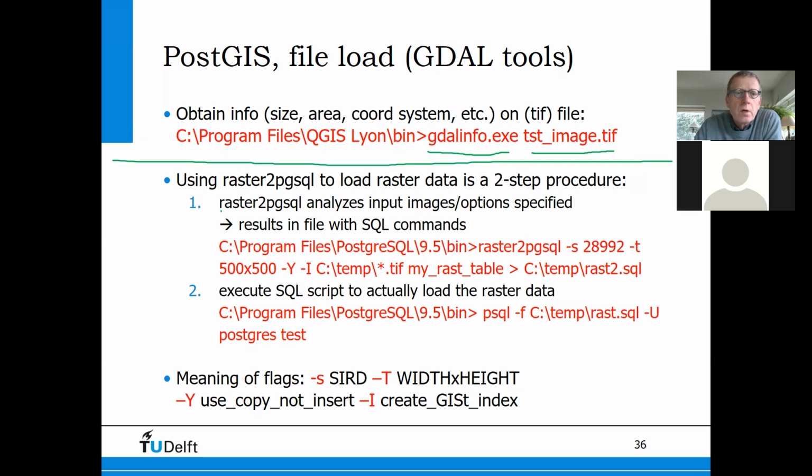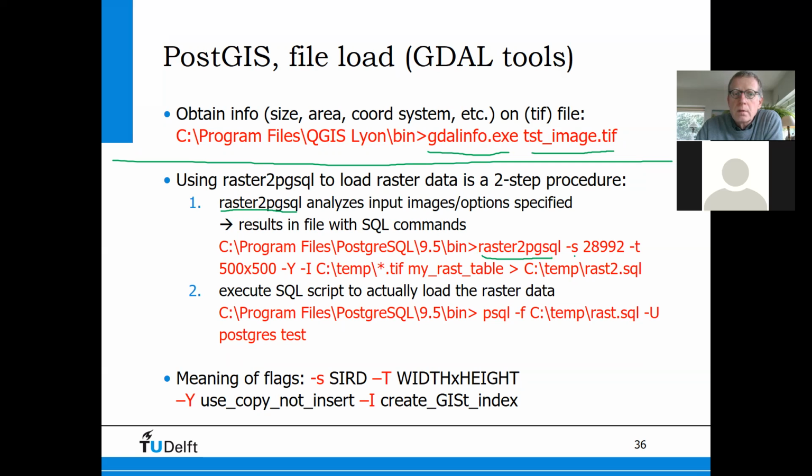An important program is raster2pgsql. That does the conversion, the hard work, or easy work, depending on what you want. You can specify options, and it's like a command line over here. So here is the function.